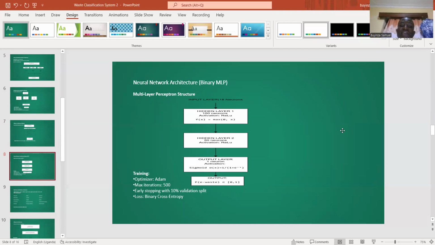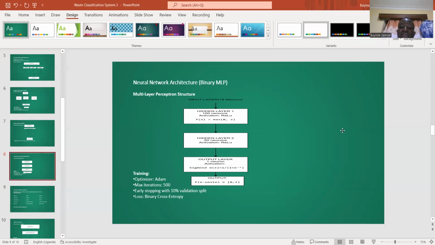So here we have the input layer leading us to the first hidden layer, then to the second. Later we proceed on to the output layer, where we have one neuron. Then on activation, we have a sigmoid. Then for the output, it's either a 0 or a 1.